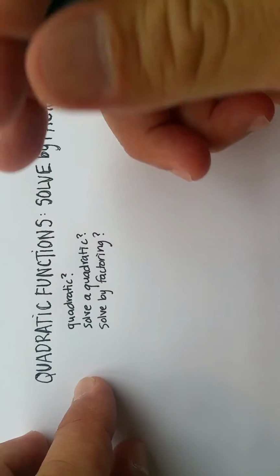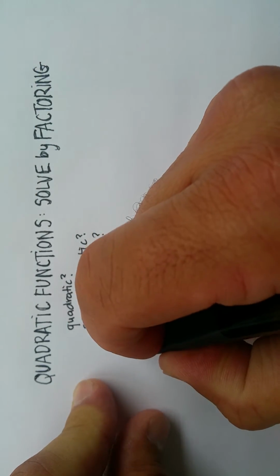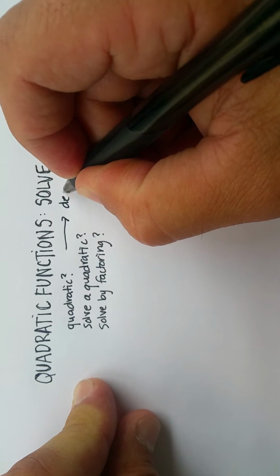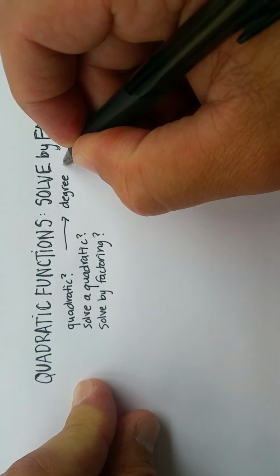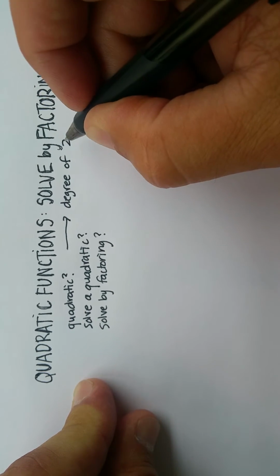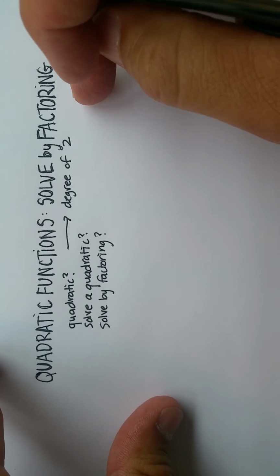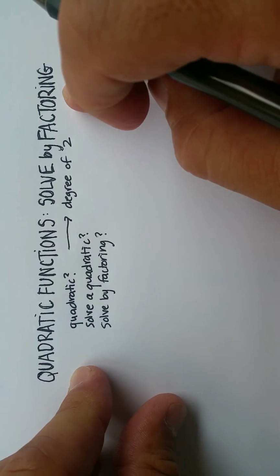Now, what is a quadratic function? Remember that a quadratic function is anything that has a degree of 2. A degree of 2 means that the highest or largest exponent in the quadratic is a 2.